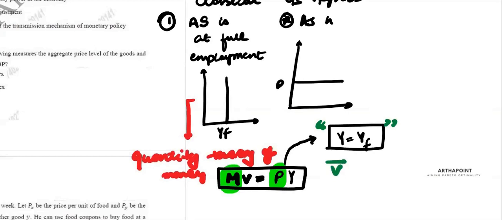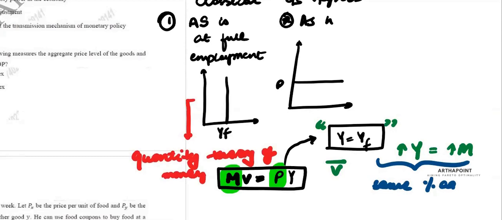Velocity of money is held constant. And whenever you increase your prices, it increases your money, and actually this happens by the same percentage. If you increase your prices by 10%, money is going to increase by 10% and the other way around.